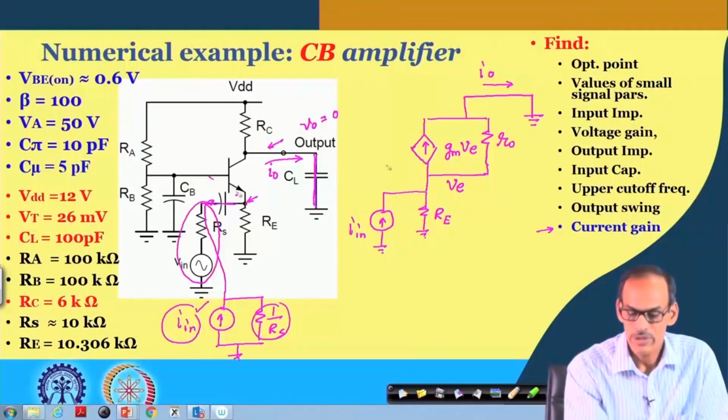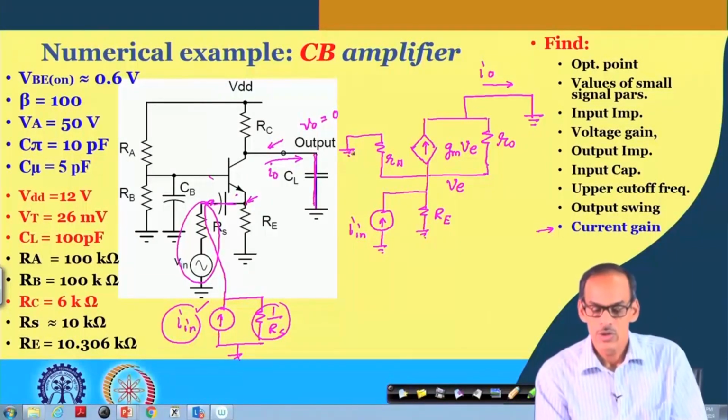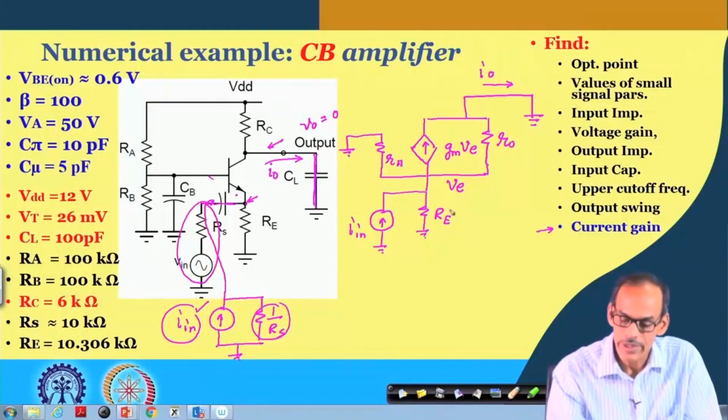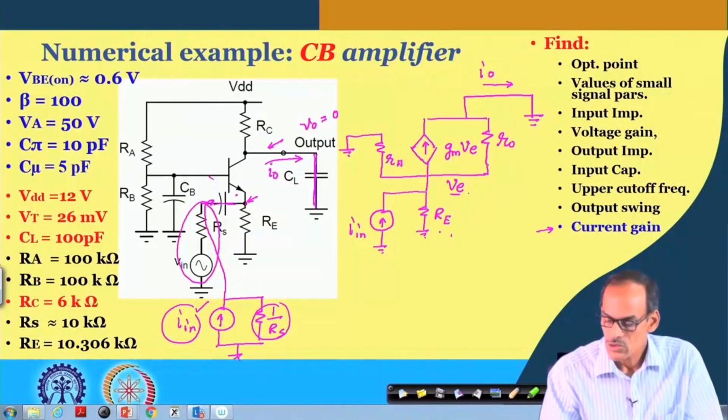And then we have the RE part. Also we have the R pi part, and the other terminal of R pi is connected to ground. So the current flowing through this RE and R pi can be directly obtained by considering VE by RE or VE by R pi and so on.